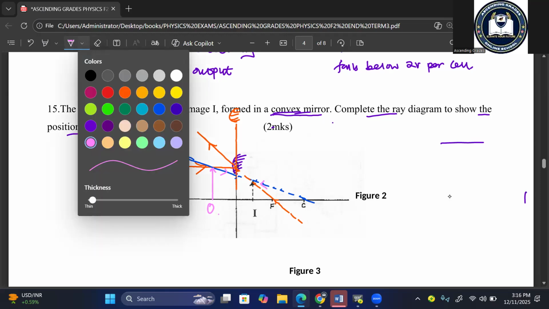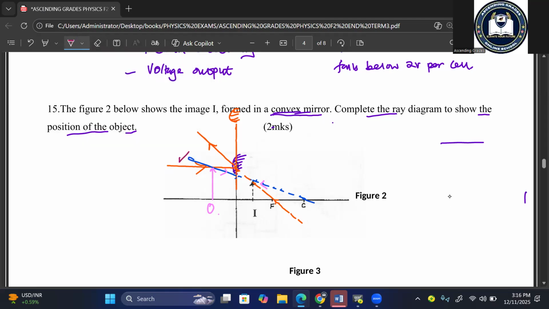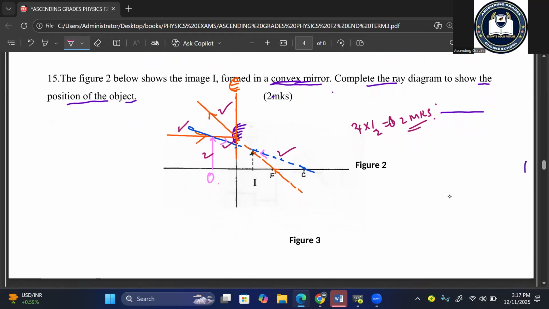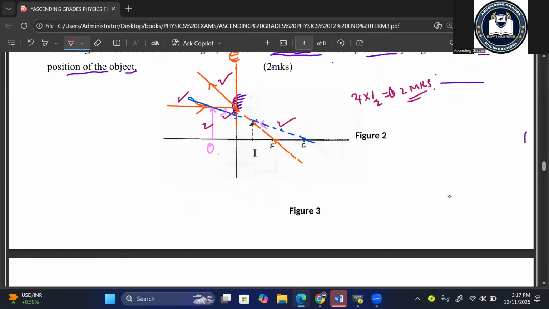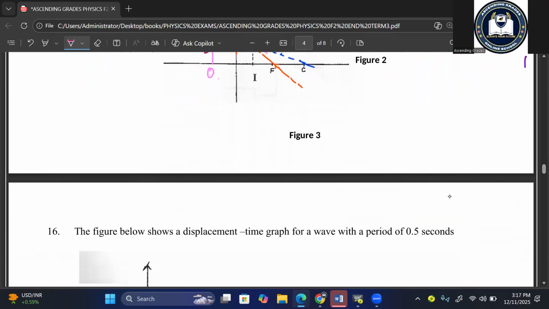So during marking, we expect to show this one, show that one, this part, then this part. So how many are they? They are supposed to be 4. So that it would be 4 times a half, you get the 2 marks. We have taken a lot of time there. This is because of the setting of the question was wrongly drawn.